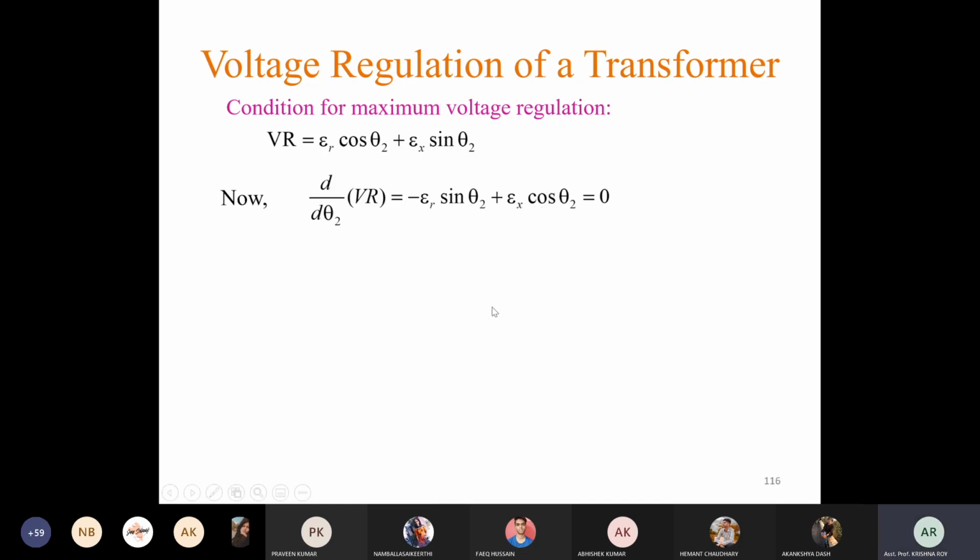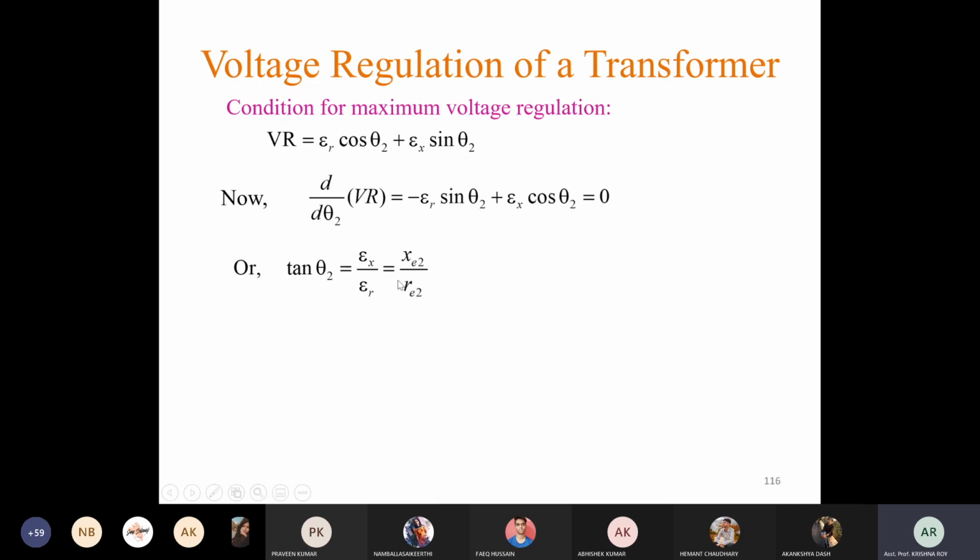Now if we take the derivative of this expression with respect to theta 2, that means when the load power factor angle is varied, we have to see what happens to the voltage regulation. Taking the derivative with respect to theta 2, we get minus epsilon r sin theta 2 plus epsilon x cos theta 2, and equating it to 0 to find the condition for maximum voltage regulation.